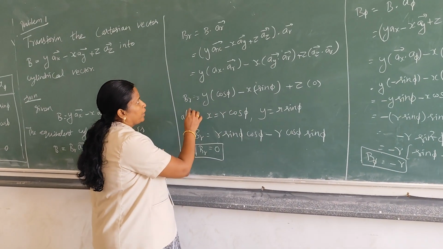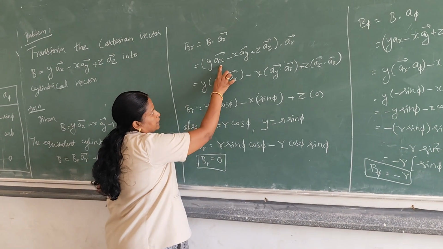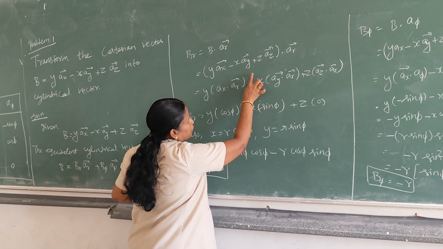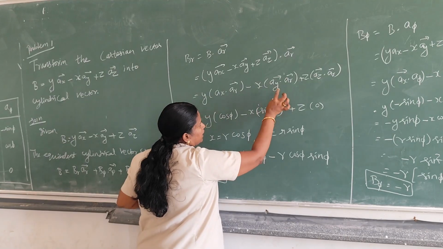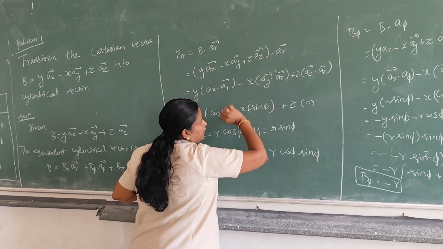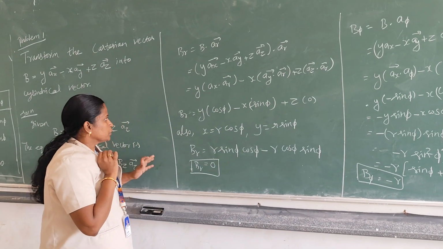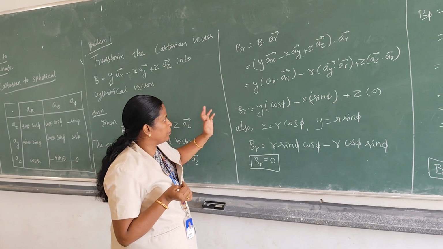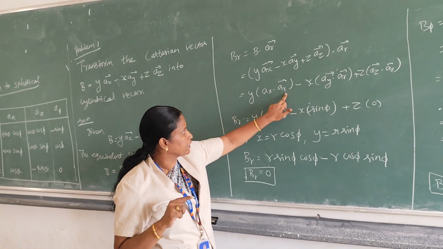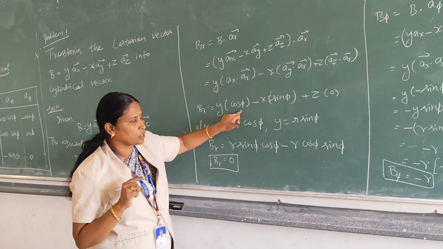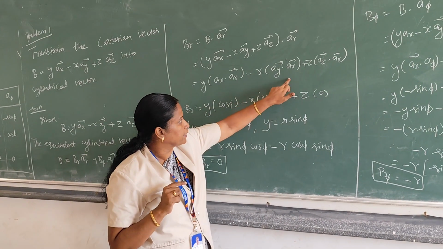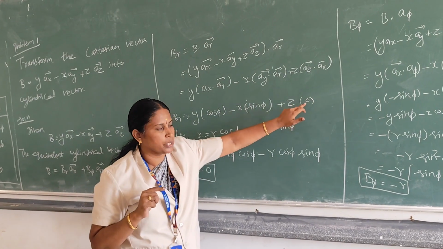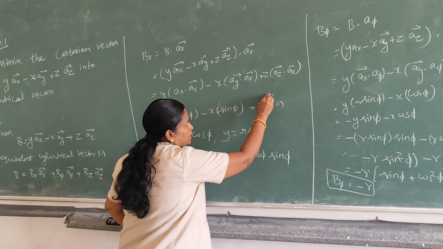Take the dot product: y into Ax dot AR minus x into Ay dot AR plus z into Az dot AR. From the previously explained table, instead of Ax dot AR we write cos phi, Ay dot AR is sin phi, and Az dot AR becomes 0, so this term becomes 0.